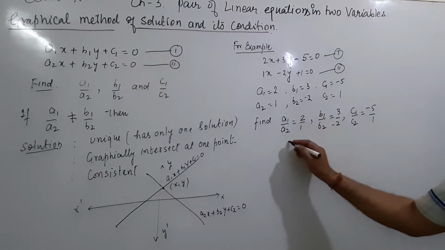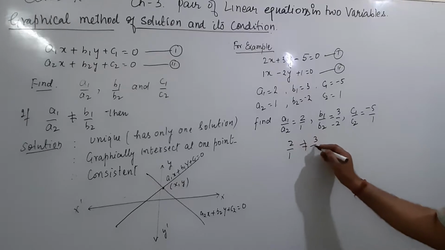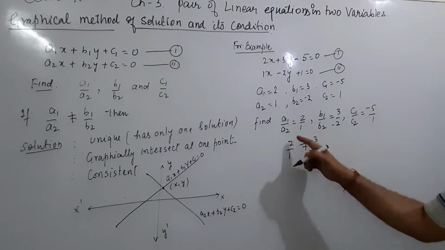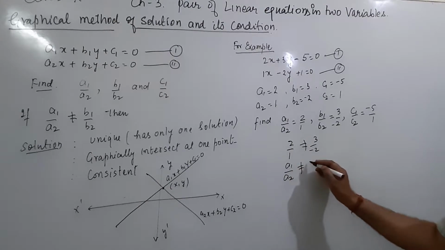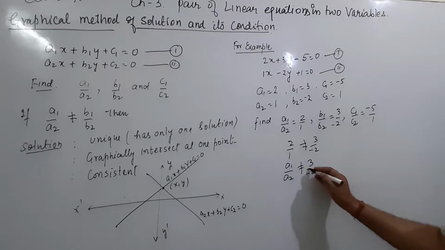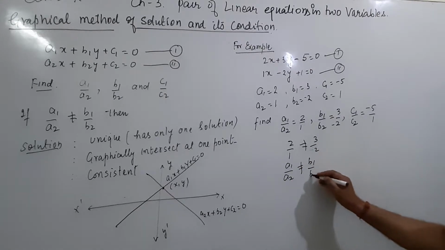a1 upon a2, 2 upon 1, is not equal to 3 upon minus 2, which is b1 upon b2.